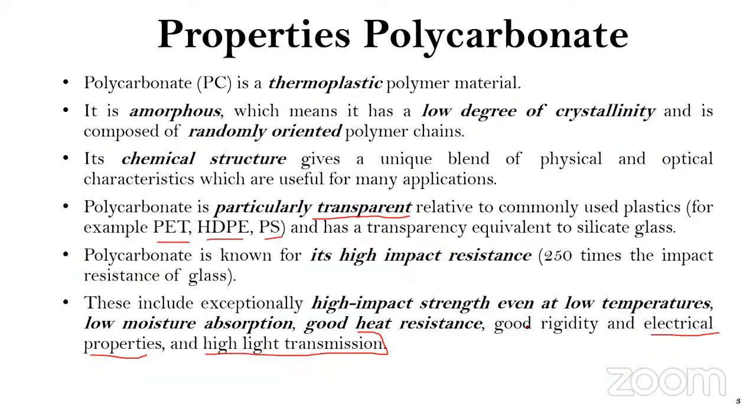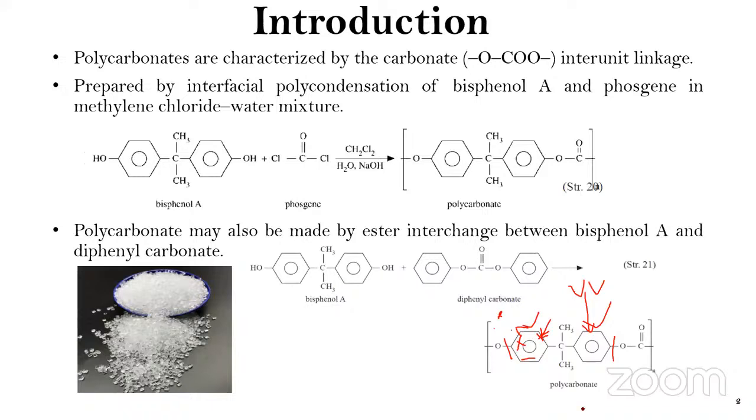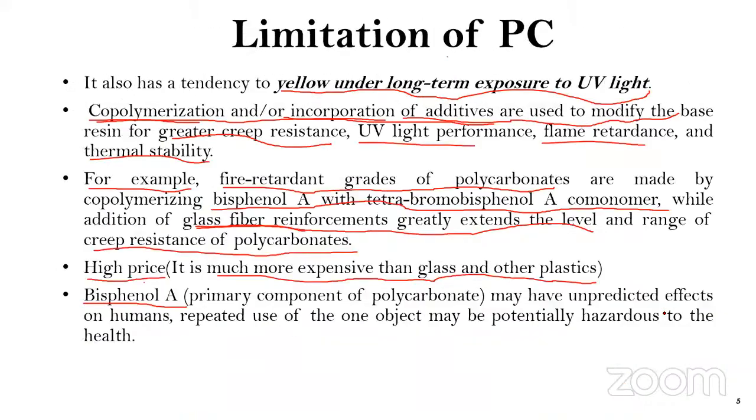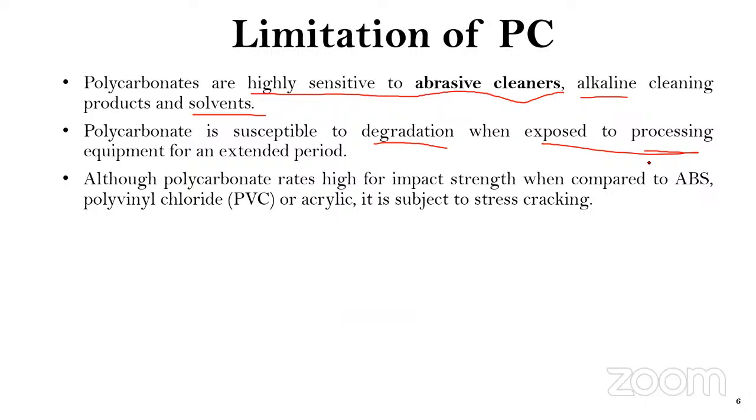I'll give you one very good concept for this. See, here you have oxygen. This bond is not that strong because you have a pi bond and a sigma bond. If you keep it in longer contact, it will break and form oxygen species. So you can have oxidative degradation also.